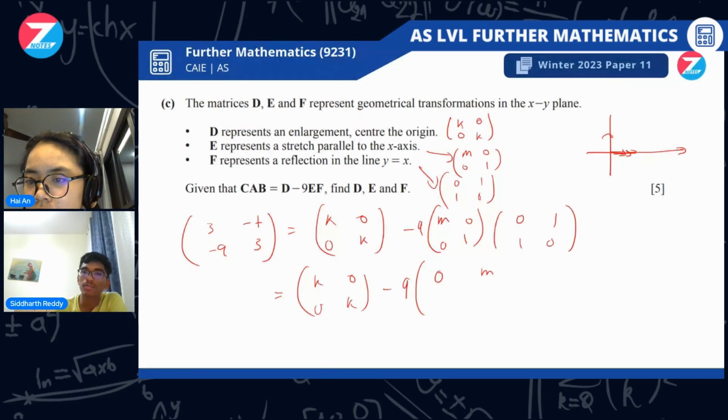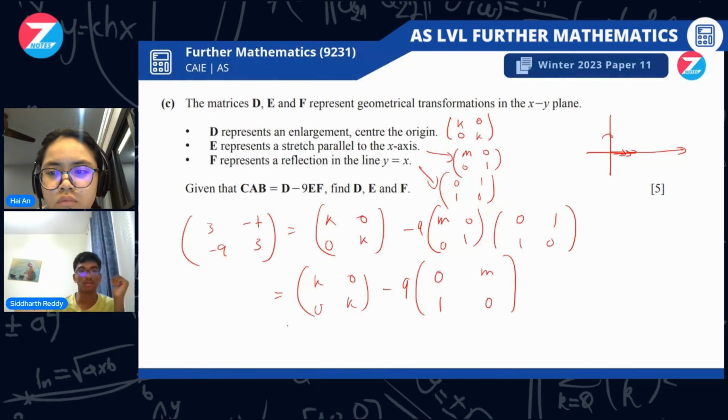Hold on, m times 0 plus, that's going to be 0 again. What is it? Oh, sorry, no, it's going to be 1. And 1 times 0, that's going to be 0.